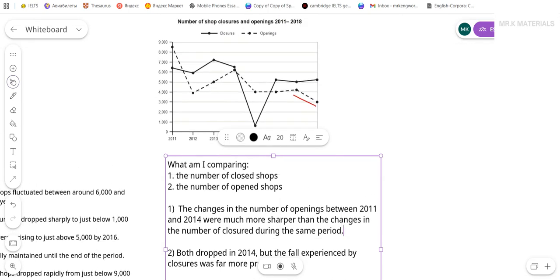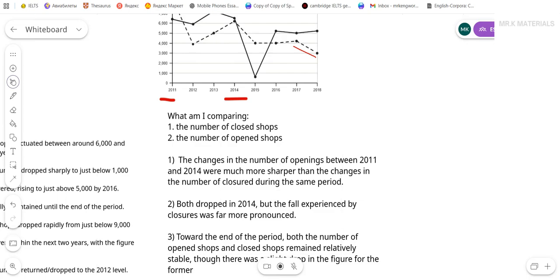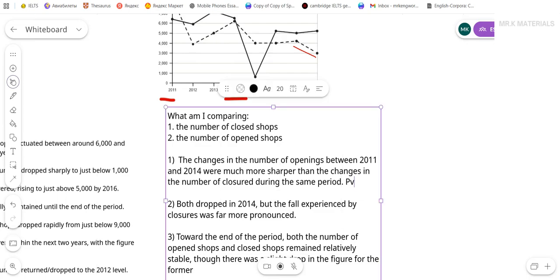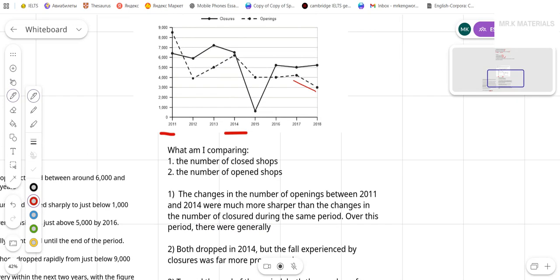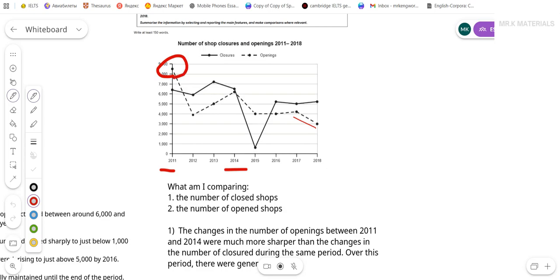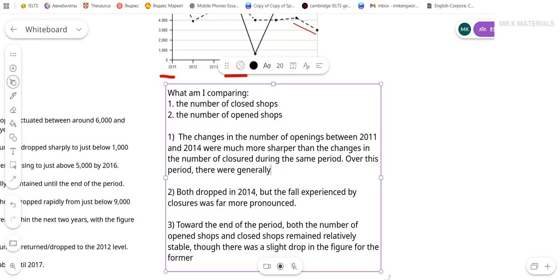During the period between 2011 and 2014, there were more closures than openings. Over this period, I say generally, because I've got to be careful. You see, in the first year, there were more openings, and that's why I will say generally, because it wasn't always the case.